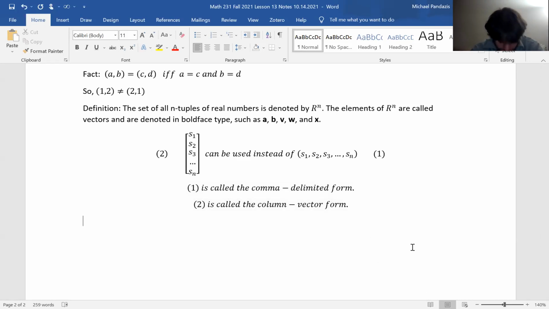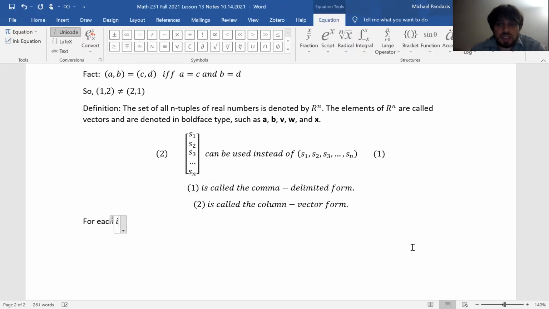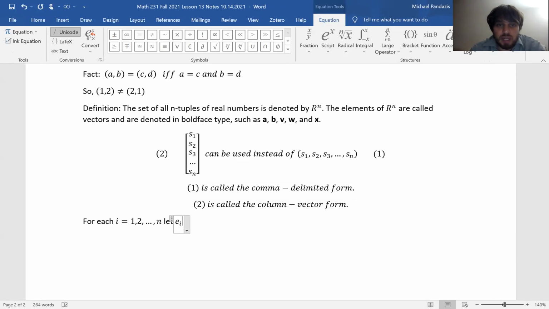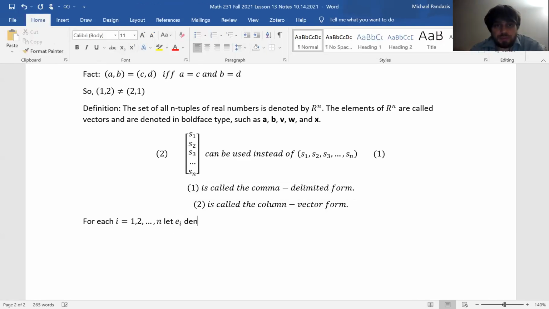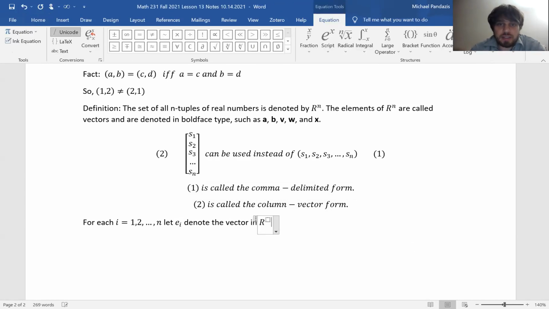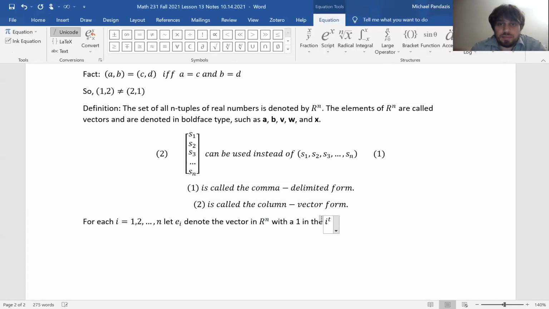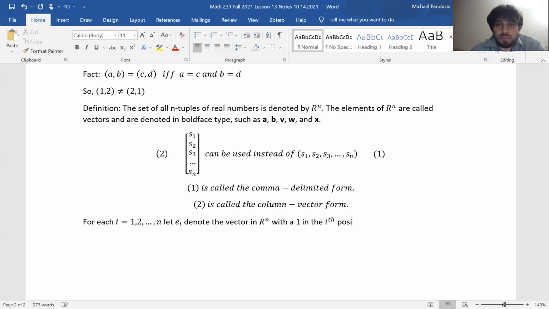All right, new idea. For each i from 1 to n, let little e sub i denote the vector in Rn with a 1 in the ith position and 0 everywhere else.